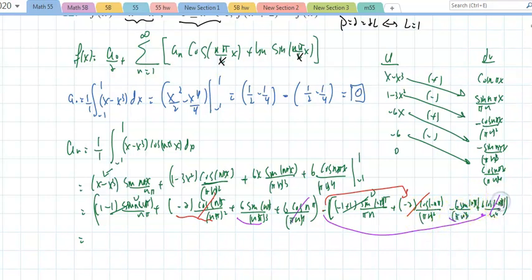Okay, so those two match just like before, nothing changed, except sine of n pi is a 0, and that's a 0, so I end up with a 0.